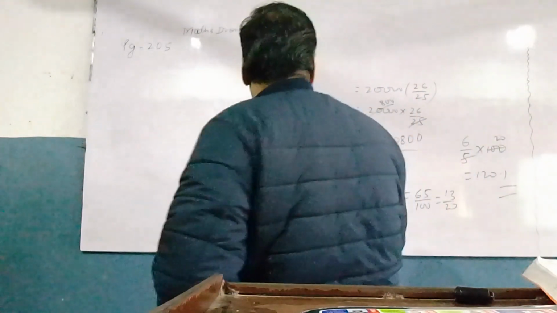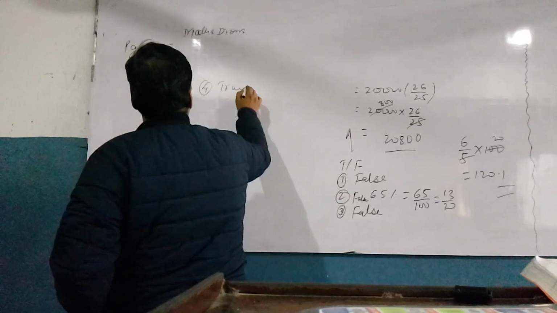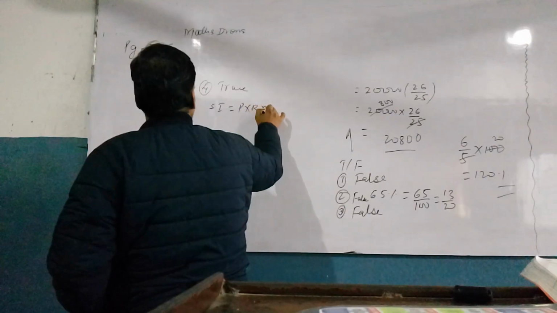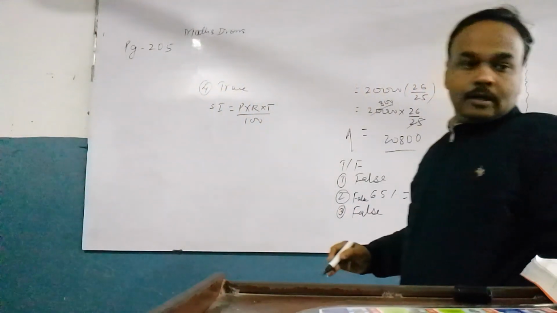Simple, it is true. Question number 4 is true. Formula for SI is principal into rate into time by 100. The same thing is written there.